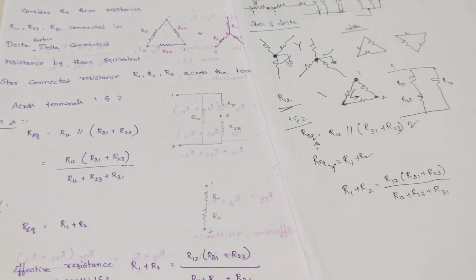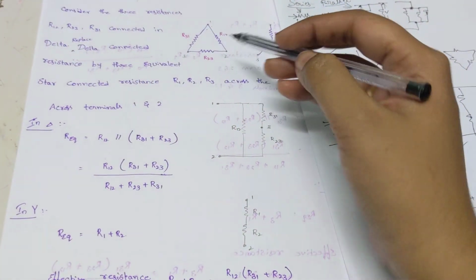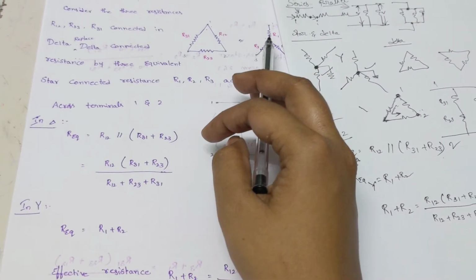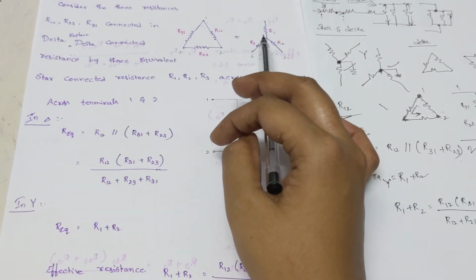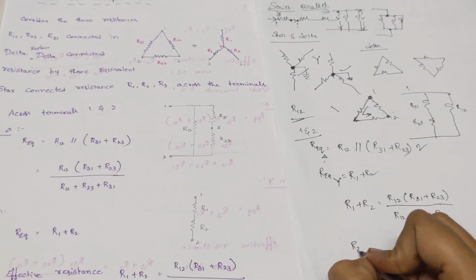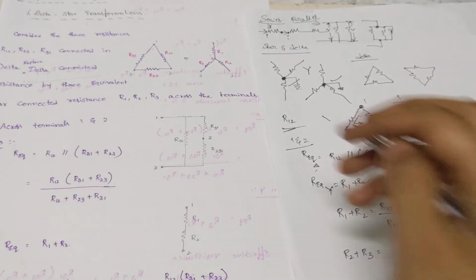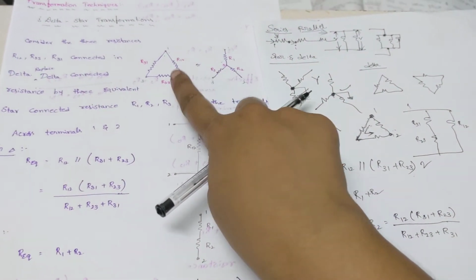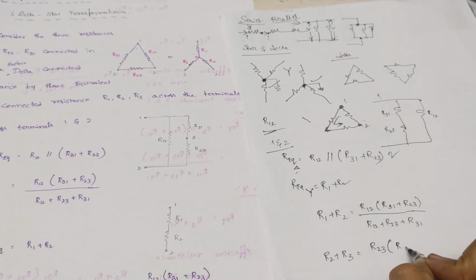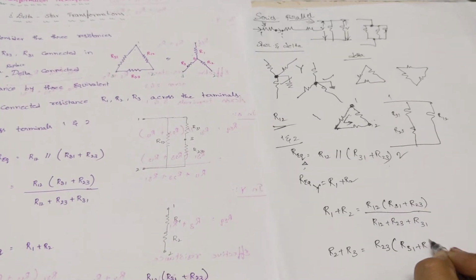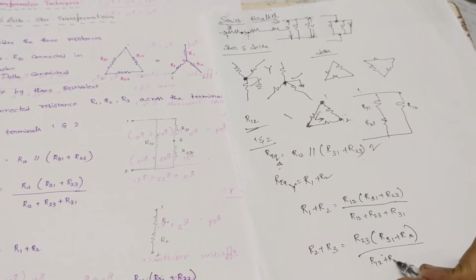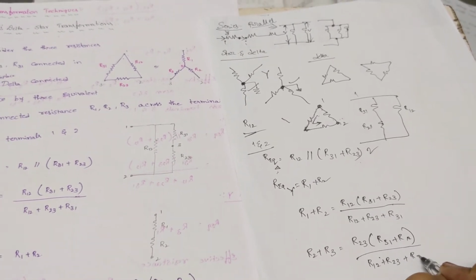In similar fashion, as we just saw for terminals 1 and 2, if I go for terminals 2 and 3, these two are in series, which is in parallel with R23. So this is star R2 plus R3, and R23 is in parallel with R31 plus R12, divided by R12 plus R23 plus R31.